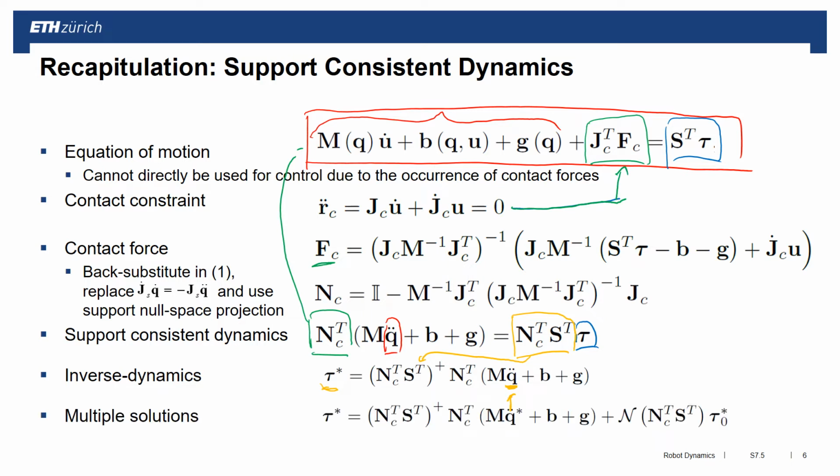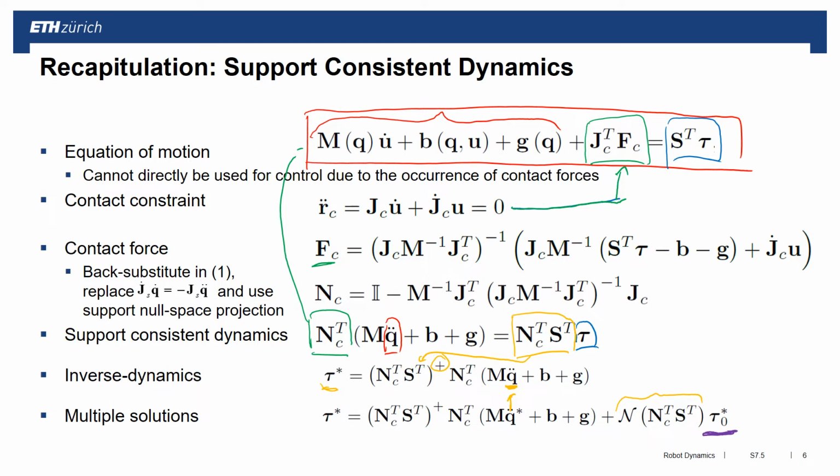Now, as we know, there are multiple solutions to these problems because we have here a pseudo inversion, which means that there is again a null space projection matrix of this NCT times ST, which results in a tau 0 that allows us to modify the desired torque without modifying the tasks that we want to achieve in motion space.